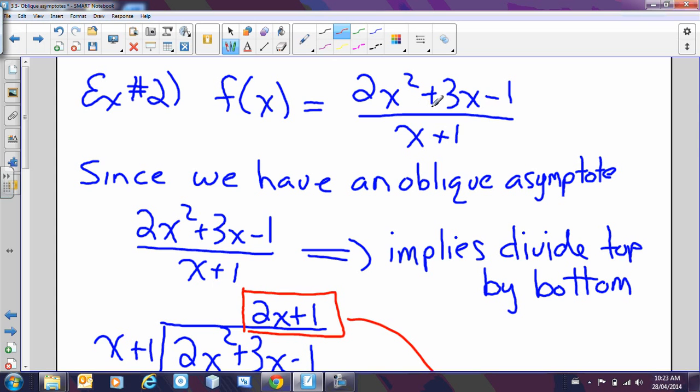The second example was 2x squared plus 3x minus 1 over x plus 1. Again, we're looking at the highest power of the numerator and the highest power of the denominator. These will always determine whether we're talking horizontal, what type of horizontal, or oblique.